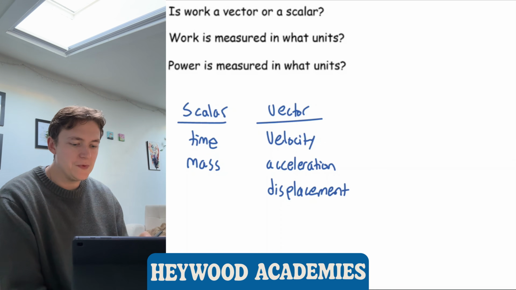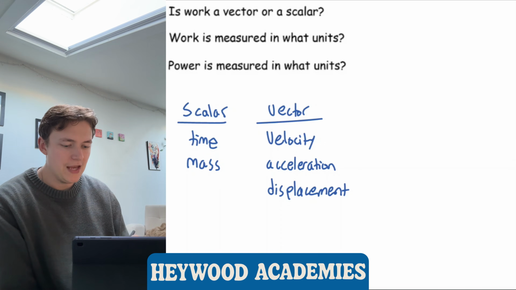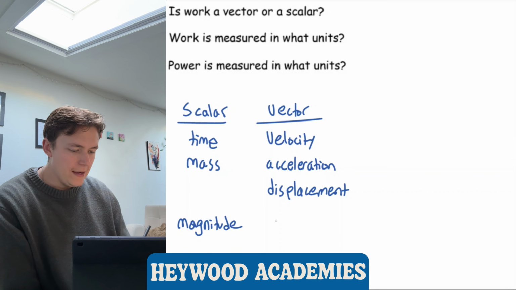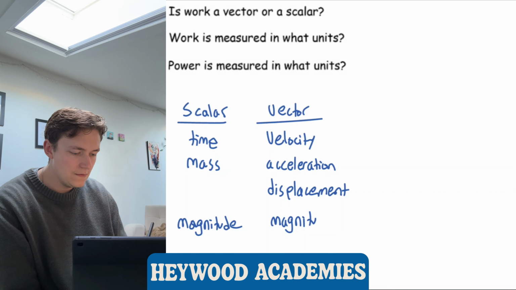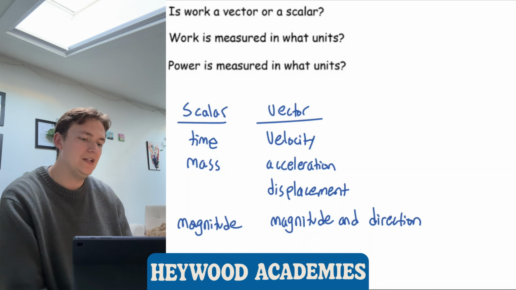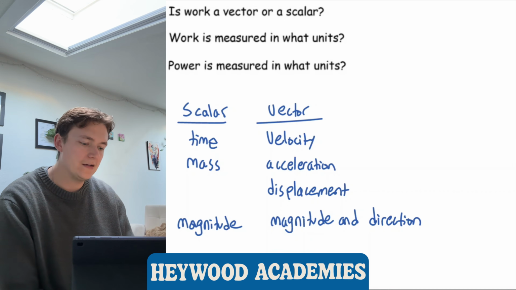Okay, now the difference between those two is the scalars, they only have a magnitude. The vectors have a magnitude and a direction. So if a certain quantity only has a magnitude, it would be a scalar, and if it has a magnitude and a direction, then it's going to be a vector.